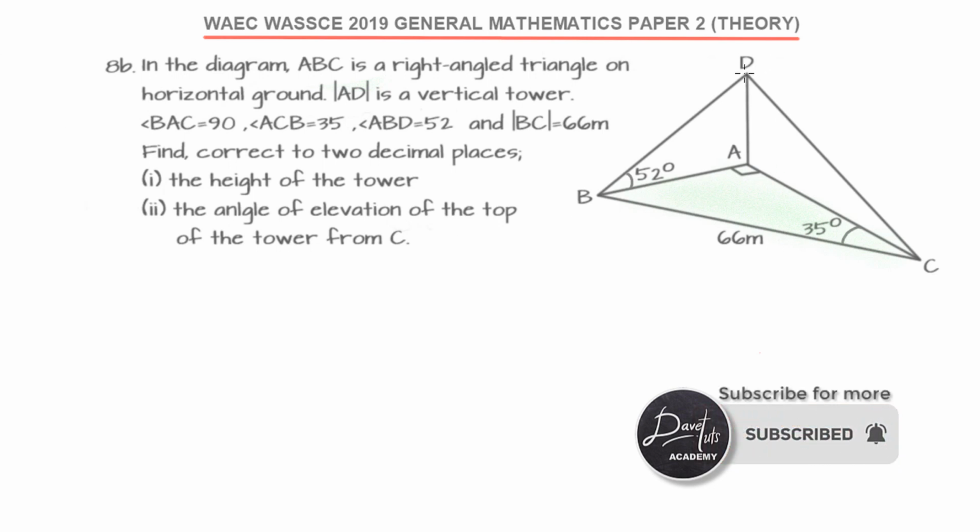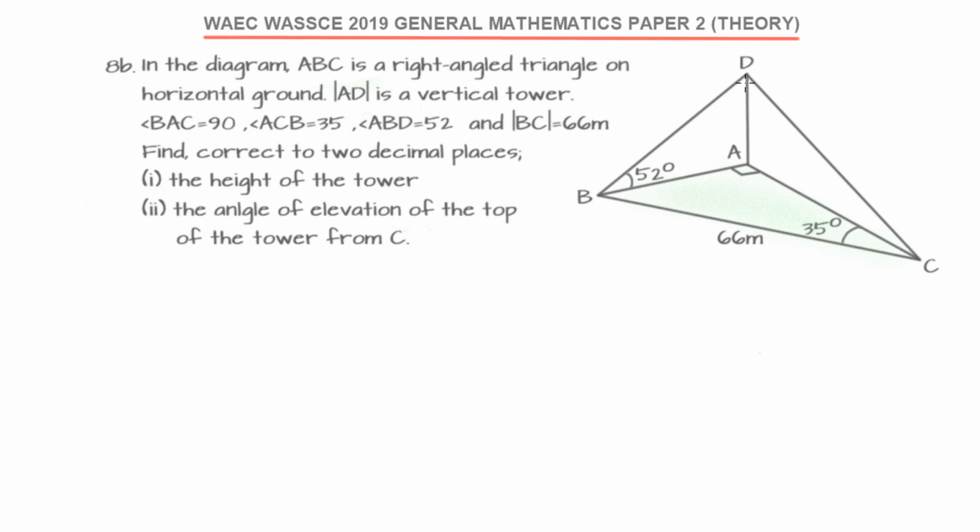So the line AD that we are seeing is actually a tower. Angle BAC is also 90 degrees. Then angle ACB, ACB means we start from A, go through C, and B, that's 35. Then angle ABD is 52. Then BC, the line BC, is 66 meters.